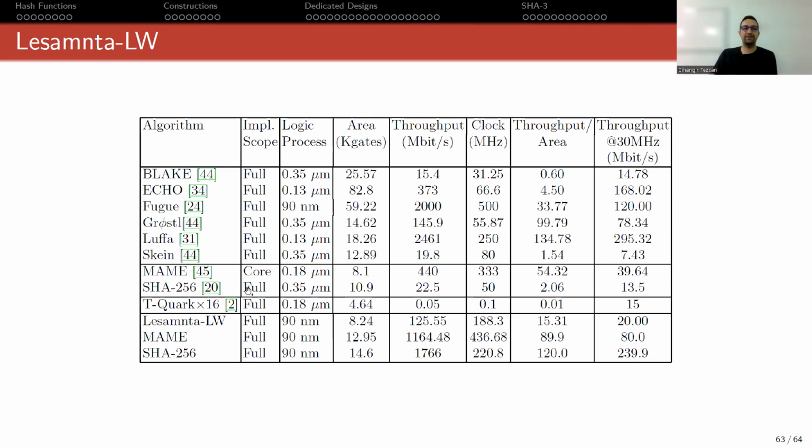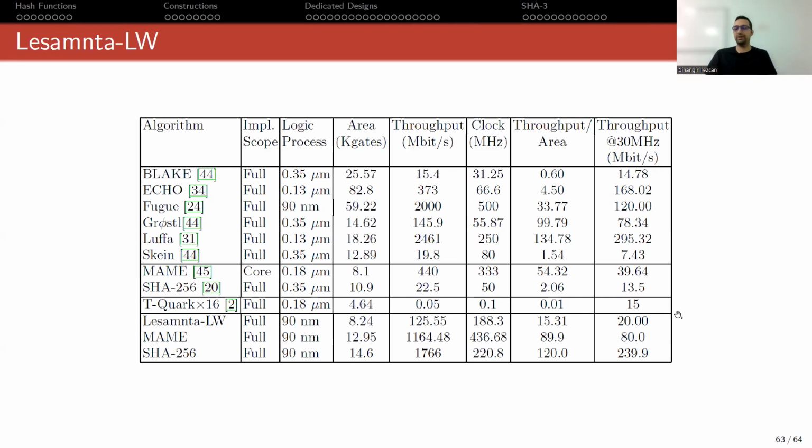Again, in the paper, they say that they compared with many different algorithms, like SHA-256 is here, and their Lesamnta-LW is here. So they compare area in terms of kilogates, throughput, clock, throughput divided by area. Generally, this is what they compare most of the time, and so on.